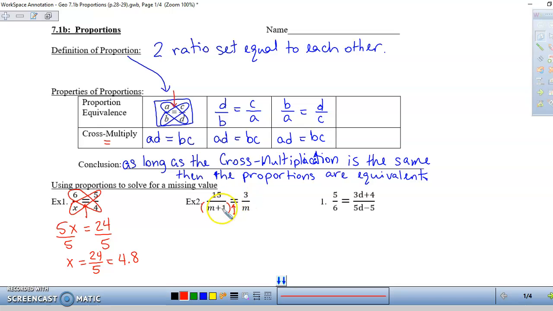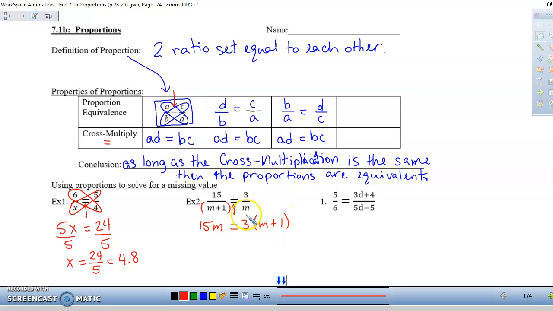Okay, that also means you will have to distribute when you multiply. Okay, so cross multiplying here, 15 times m, I get 15m. And then 3 times m plus 1, you have to have those parentheses there. So 3 times m plus 1. Okay, so here's my setup.